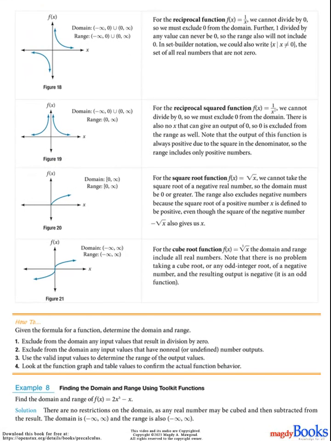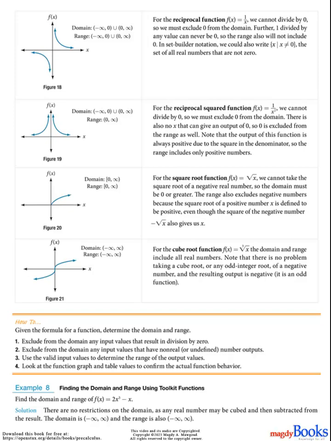Figure 18. f(x) = 1/x. Domain: (-∞, 0) ∪ (0, ∞). Range: (-∞, 0) ∪ (0, ∞). For the reciprocal function, f(x) = 1/x, we cannot divide by 0, so we must exclude 0 from the domain.